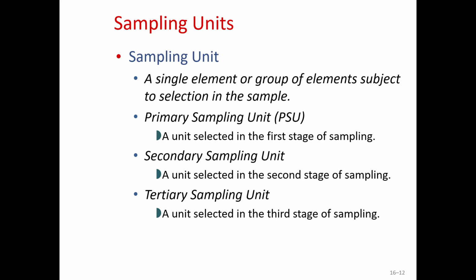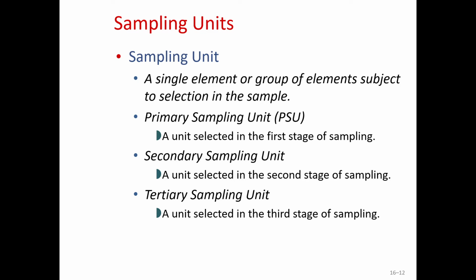A unit selected in the first stage of sampling is called a primary sampling unit, or PSU. A unit selected in successive stages of sampling is called a secondary sampling unit, or tertiary if we still need a third, depending on how many we need.